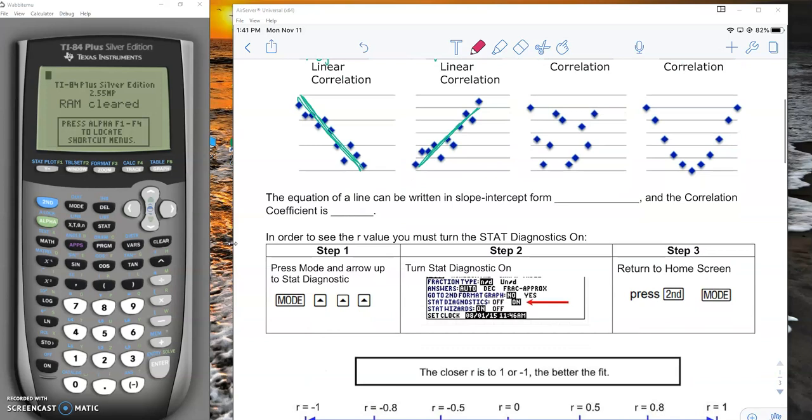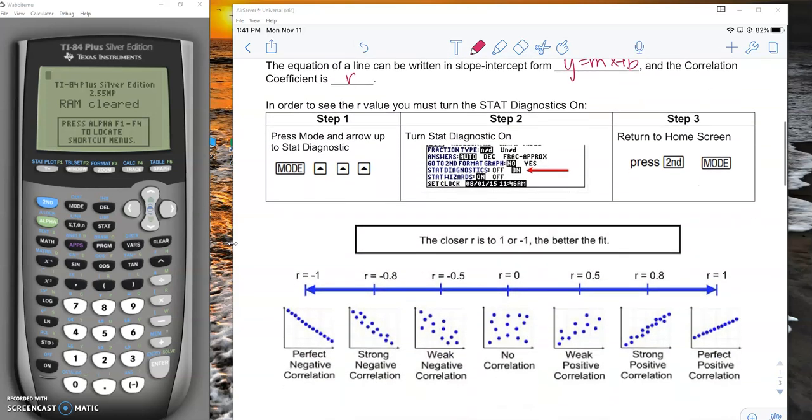So the equation of a line can be written in slope-intercept form, which is y equals mx plus b, and the correlation coefficient is r. So in order to see the r value, we have to turn on our stat diagnostics. So over here on your calculator, you will need to click mode, the top middle button, scroll up 3 times, so up, up, up, and then where it says stat diagnostics, you're going to turn it on.